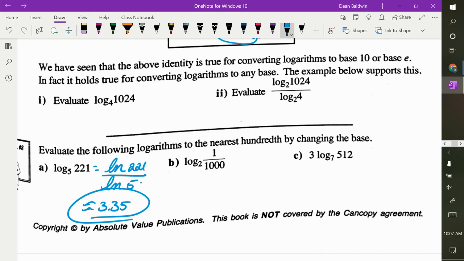What if I had changed it to log 221 over log 5, base 10? Do I get the same answer? Yeah, true. Check it. Don't just take my word for it. It's the same. So it doesn't matter what base you choose, okay? You can choose any base you want.